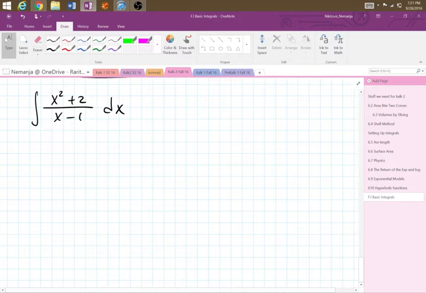Once you have every degree, you count down, 2, 1, 0, and you have x go into x squared, x, and then you multiply x times x squared, or negative 1 is negative x.